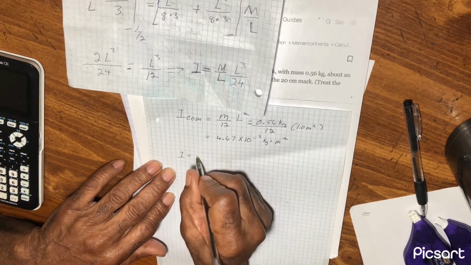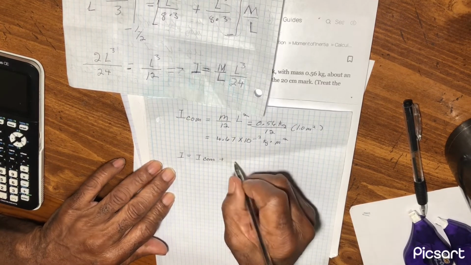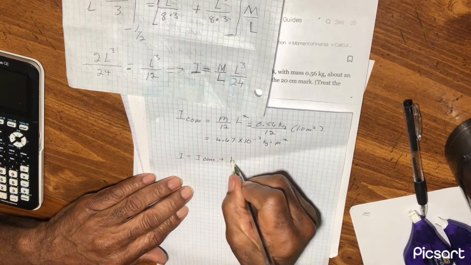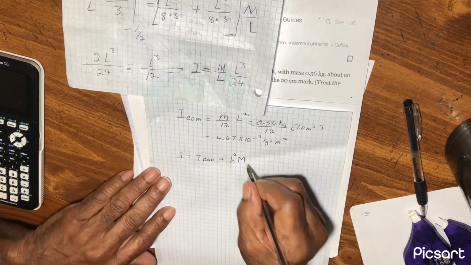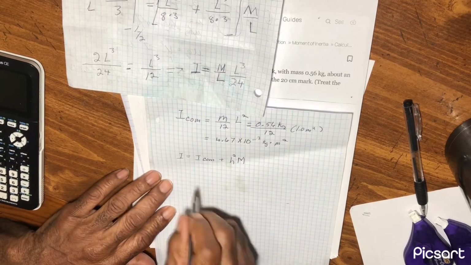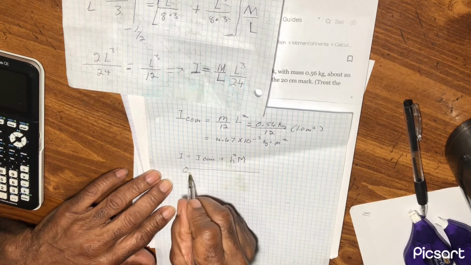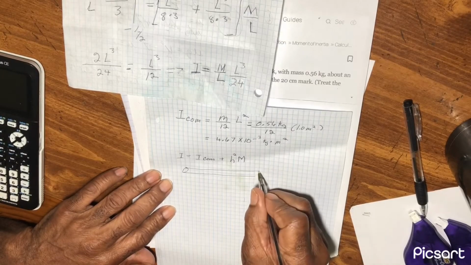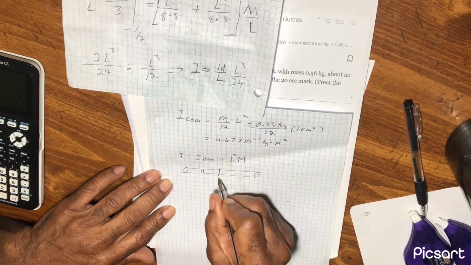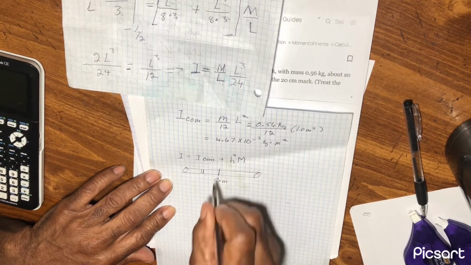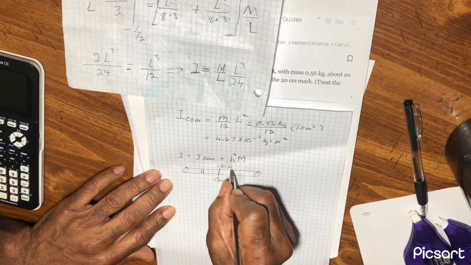Now the parallel axis theorem tells us that I must equal I center of mass plus h squared m. So what is h? Let's just draw our little bar here. This is the center of mass, which is 0.50 meters.